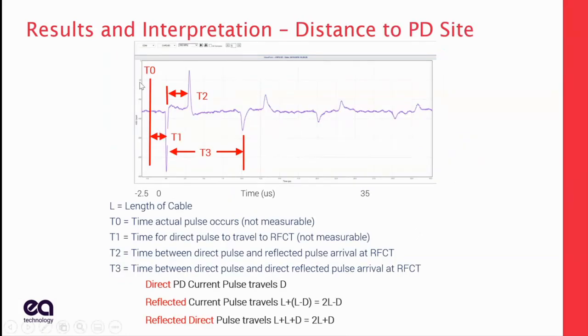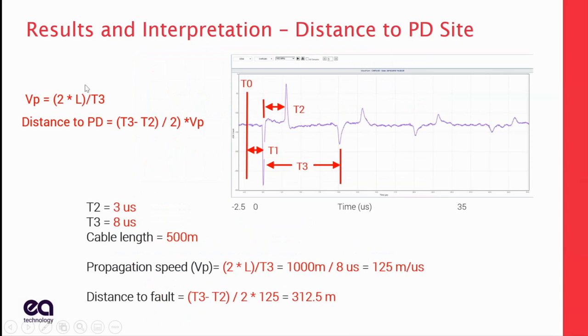So T0 is the time when the discharge occurs. We don't know when that is. We don't know the time to T1 because all we see is the first pulse, so we call that T1. The time to the reflected pulse and the time to the reflected direct pulse allow us to do some calculations. We determine how fast the waveform is moving in the cable and where the reflection occurs.